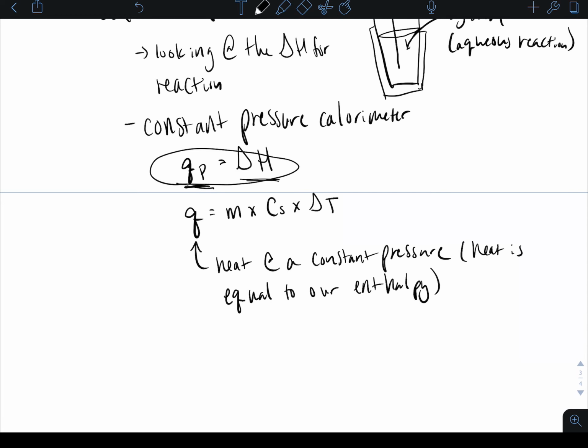So here, we also have M, which is our mass, and then Cs is specific heat, and our delta T is our change in temperature.